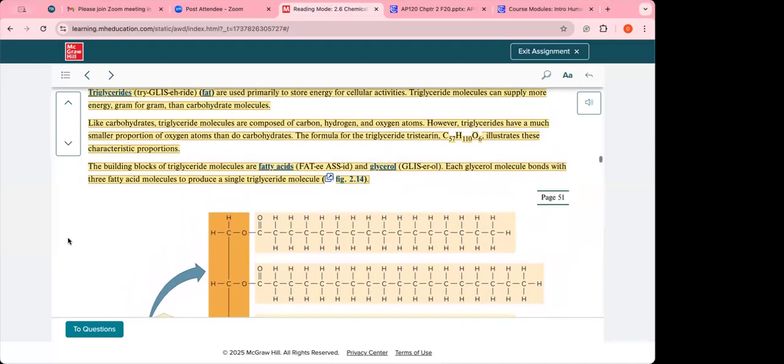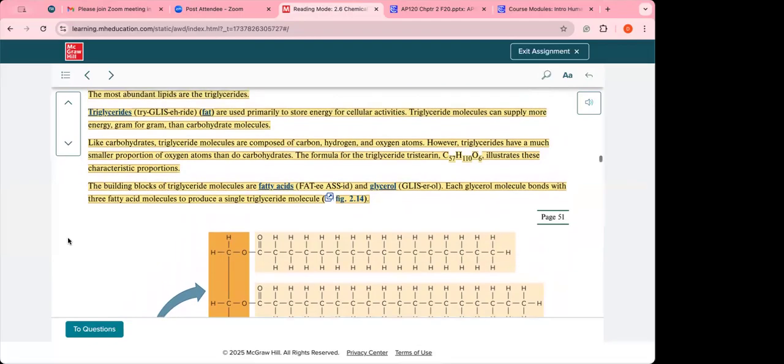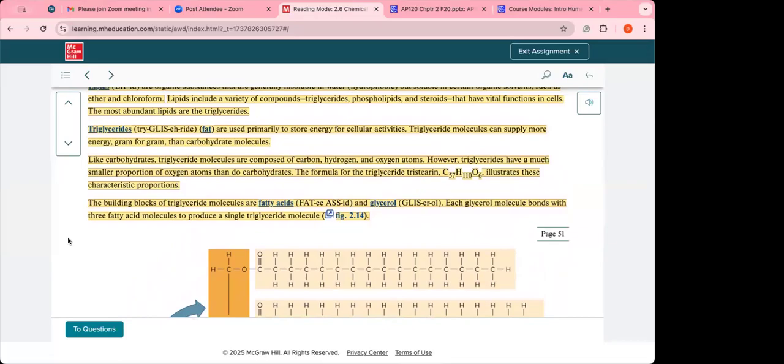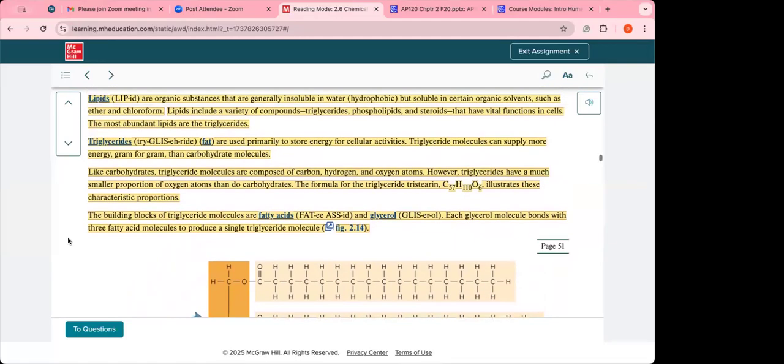Okay, so triglycerides there, steroids are there. What are they examples of? I think they're examples of lipids. Lipids are a variety of compounds, triglycerides, phospholipids, and steroids that have vital functions in cells.